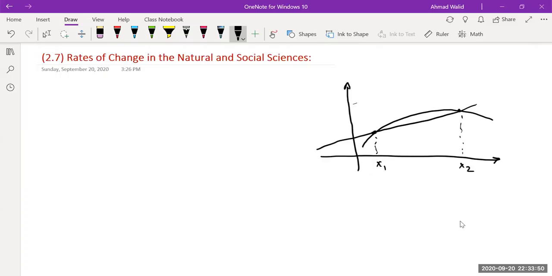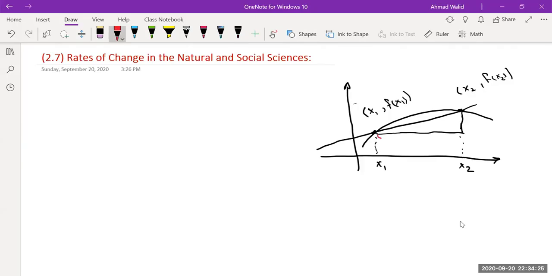Of course, if this point is x1, the coordinates of this point will be x1 and f of x1, which means y1, right? Instead of y1, I will write f of x1. Here, if the coordinate is x2, then the coordinates of this point will be x2 and f of x2.